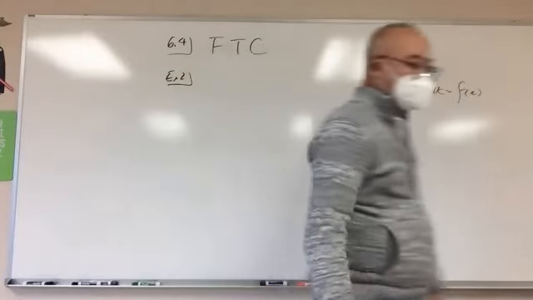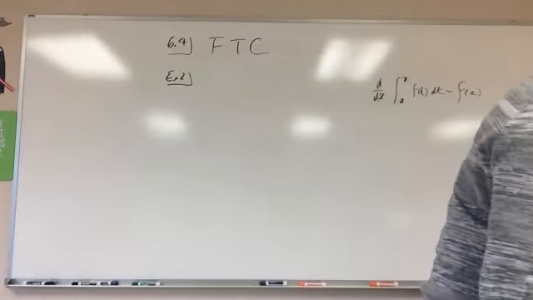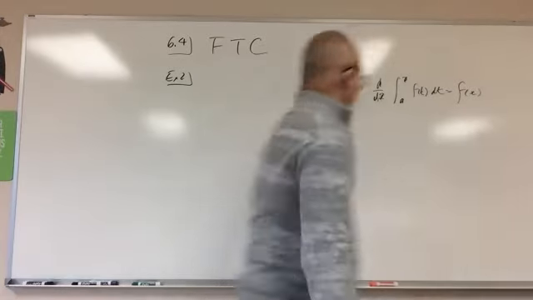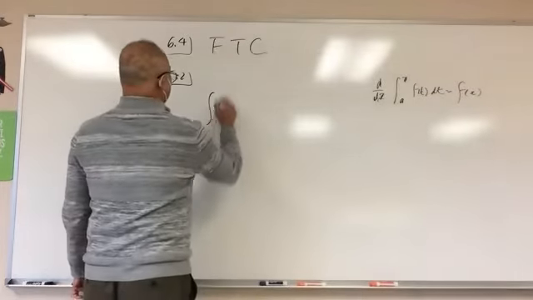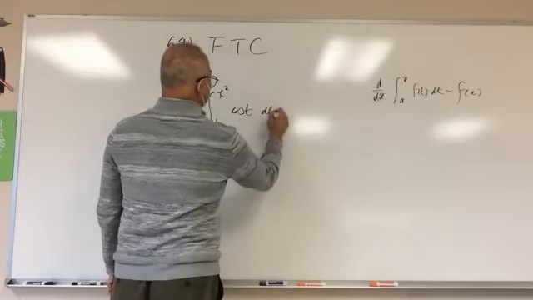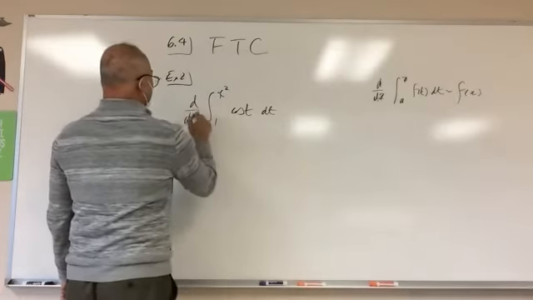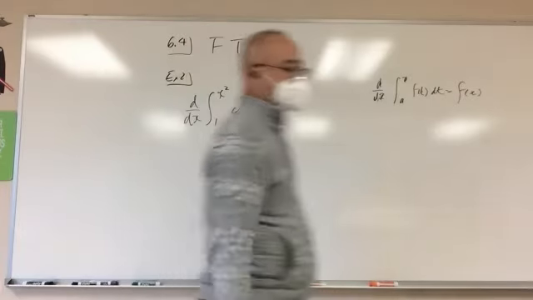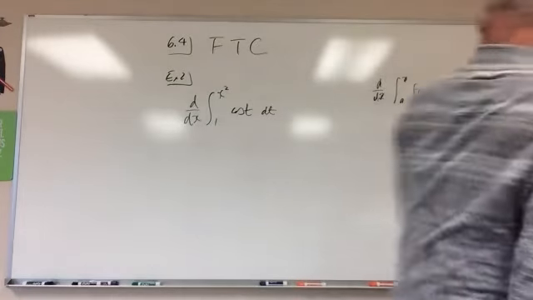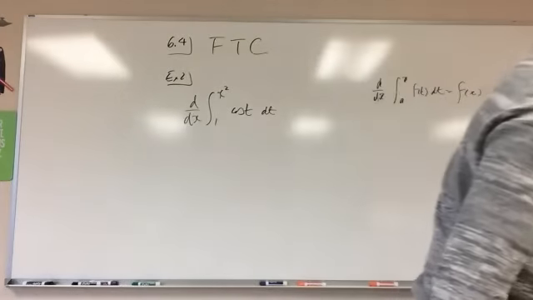Example number 2, find dy/dx if y is equal to that. So we are doing d/dx of the integral from 1 to x squared of cosine t dt. Right, that's what we're doing? Is that correct? Okay, all right.